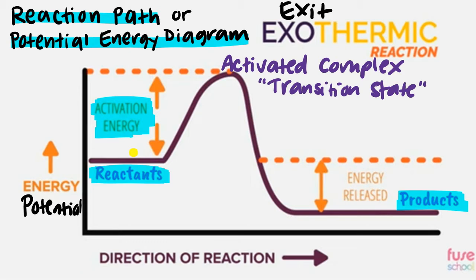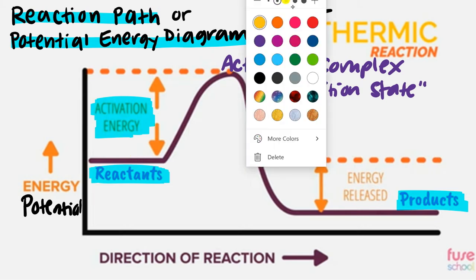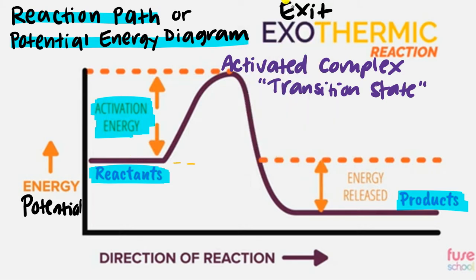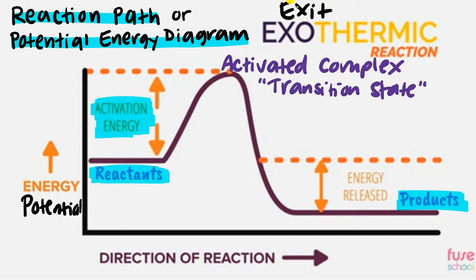Sometimes you're going to see it drawn this way, and other times I like to draw a dashed line like so. Let's line it up with the other one. You can certainly draw activation energy as they've done there. Other times you're going to see it like this. They all mean the same thing.